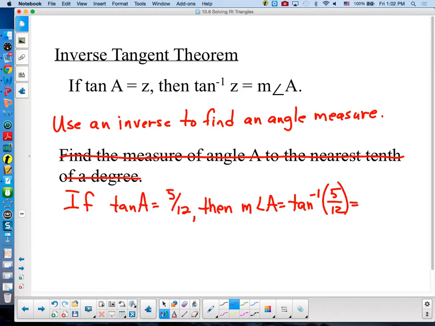Now you've got my calculators. What angle has a tangent of 5/12? 2.6?